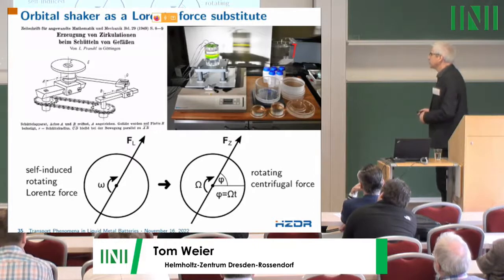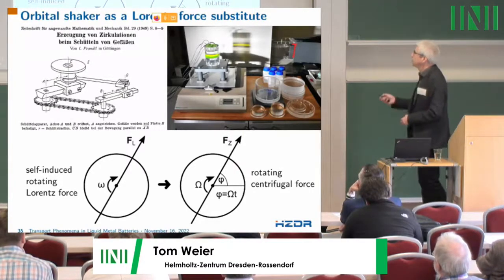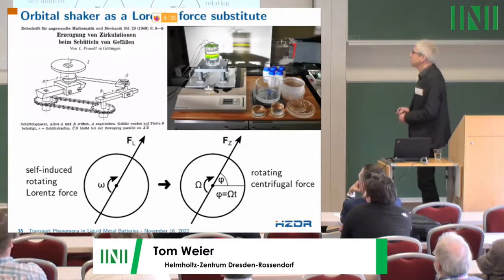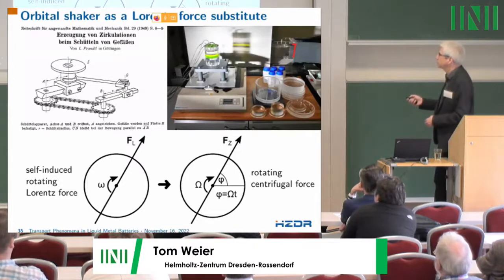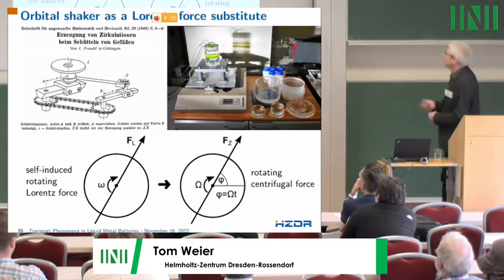We go away from the liquid metal and then try to find a replacement. And there was a suggestion a few years ago by Brandl in Göttingen. It was after 1945, he ran out of money dramatically, and he resorted to bicycle shops for his experiment. Meanwhile, you can buy these things for a few thousand euros.